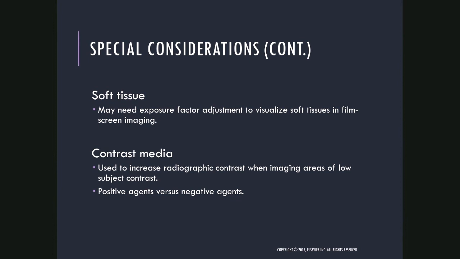It's the same technique. It's just a different way to do it. When you're dealing with barium as your contrast material, you need to be using a very high kVp, 110, 120, something like that.